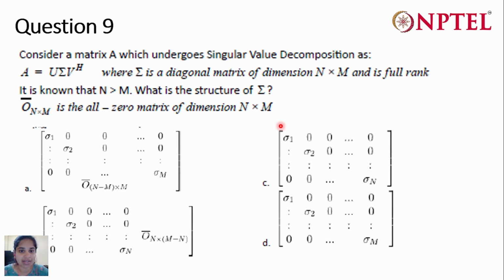So we are given that it is of full rank, and n is greater than m. Basically, the dimension of sigma is n cross m. So now what will be the structure of sigma? First, find the rank. What will be the rank? And based on that, how could we express sigma.